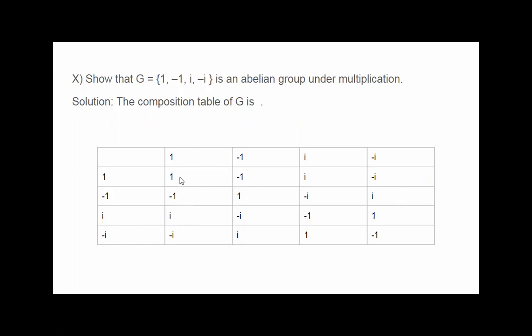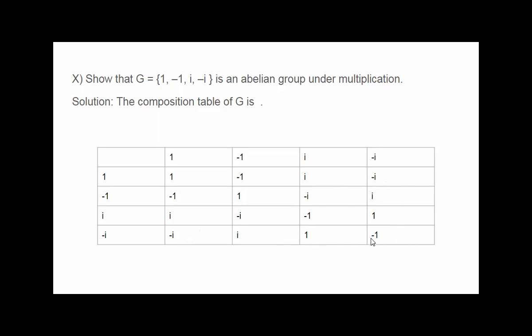Means first row, first column is same: 1, minus 1, I, minus I. Second row minus 1, 1, minus I, second column minus 1, 1, minus I. Third row I, minus 1, 1, same as the third column. Fourth row minus I, 1, minus 1, same as the fourth column.